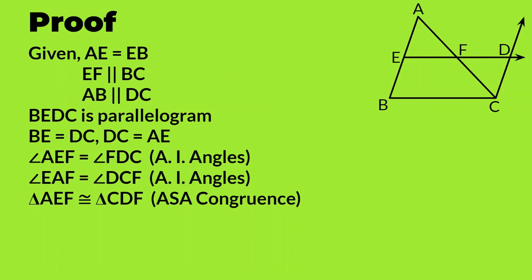That said, now we will write AF is equal to FC. This AF is equal to FC, which means that F is the midpoint of side AC, which is the third side. Thus, we have proved the converse of the midpoint theorem.